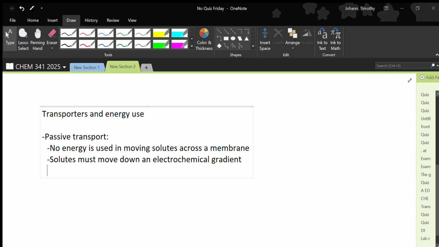If it's a passive transporter, you could have solutes moving back and forth all the time at equilibrium. And even not at equilibrium, some would go uphill just randomly, but more would go downhill until you hit equilibrium.